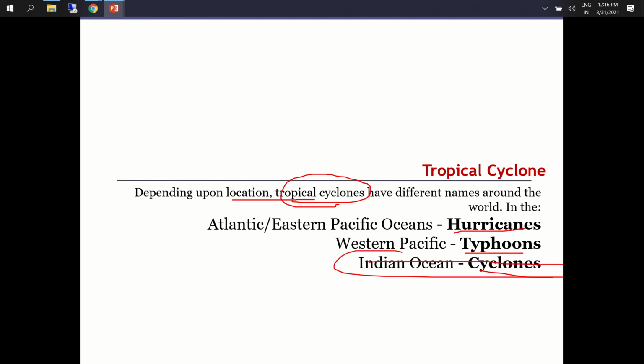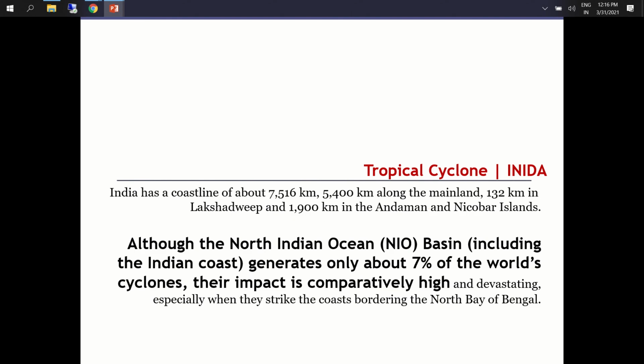We call it cyclone or tropical cyclone; in other regions, they are termed hurricanes and typhoons. All three are synonymous; only because of differences in location, they use different words.